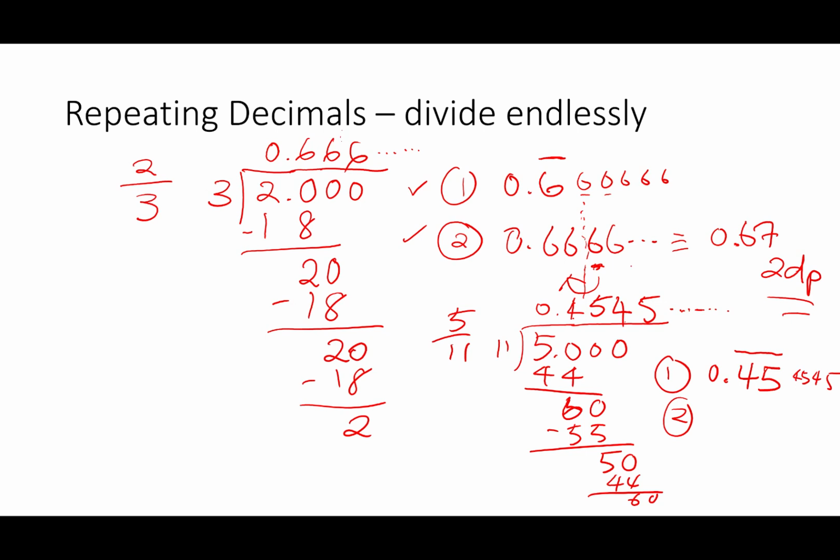For example, if we want to round to 2 decimal places, 0.4545, the answer will be 0.45. But we must indicate that this is 2 decimal places. So that's how we convert a fraction into a decimal.